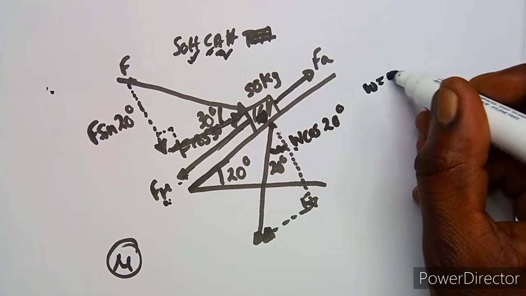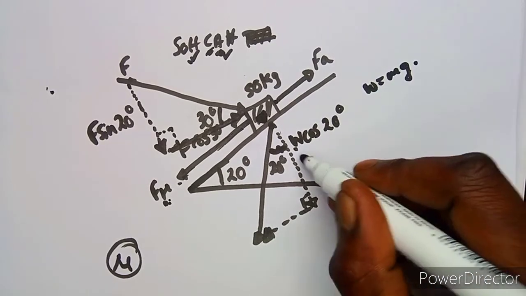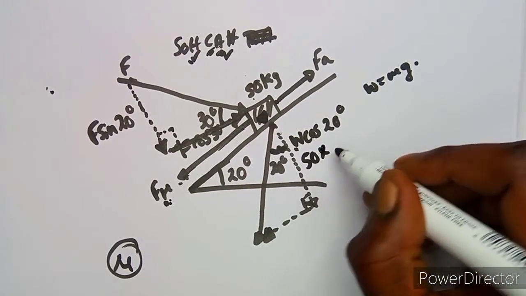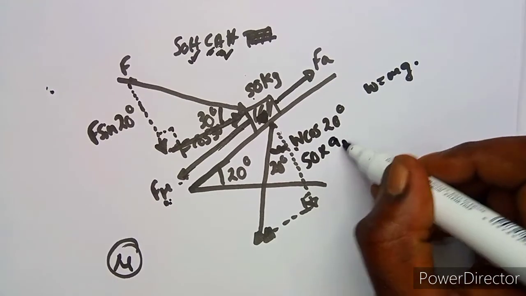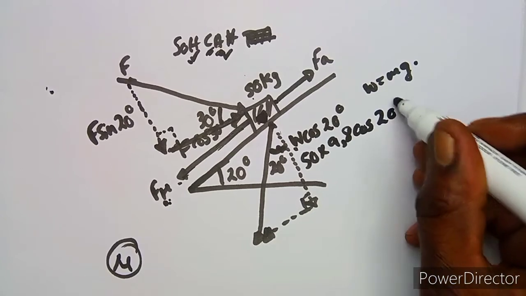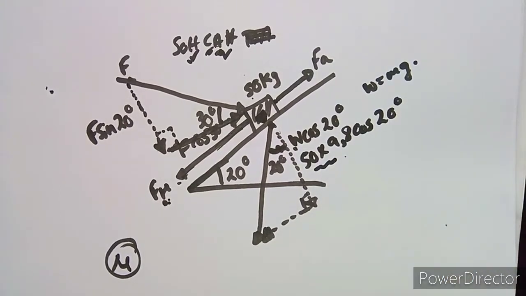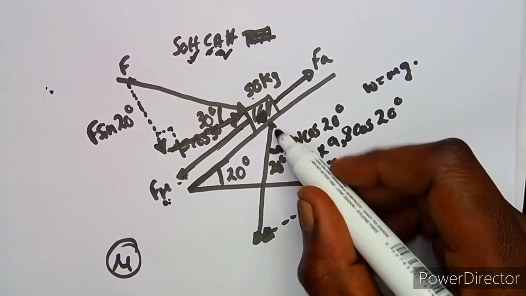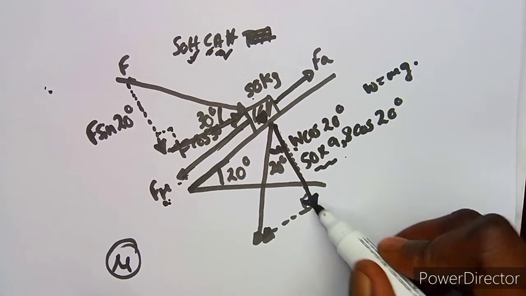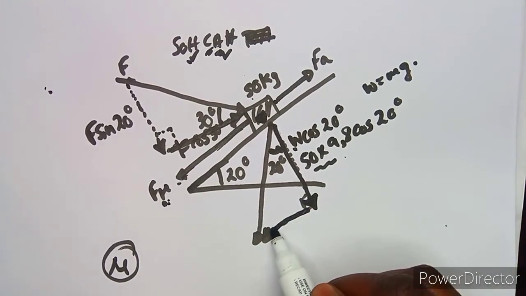Remember that W is equivalent to mg. So it's going to be mass of 50 times g, which is 9.8, cos 20 degrees. So this is what you're going to have on this part, which is actually going downwards. So you can just do it like this so that we can see the arrow shows that it's going downwards, and this is going this side like this.